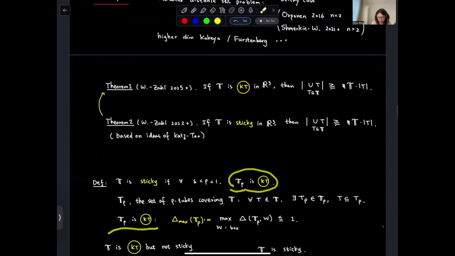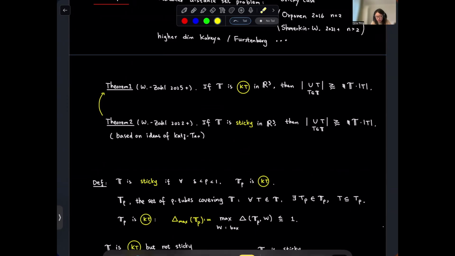So what it means is that the density of the ρ-tubes covering δ-tubes is bounded by 1 in any box W.